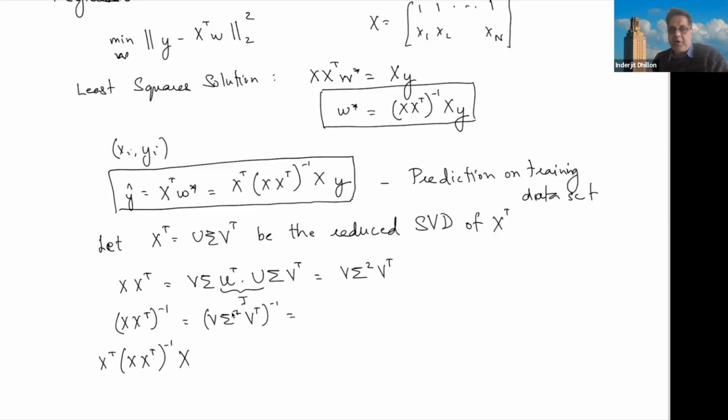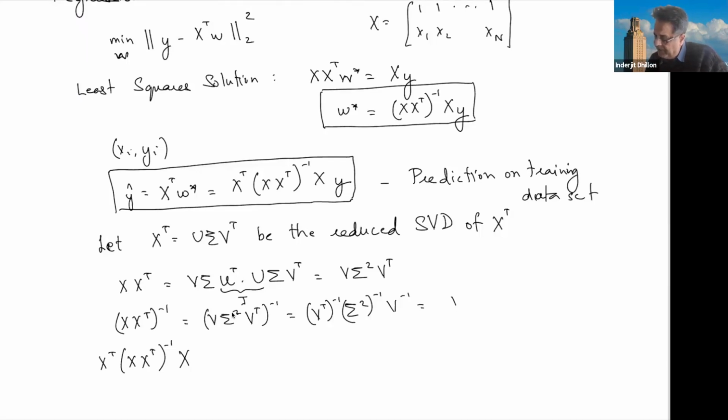Okay, and remember that the inverse of a product is the product of the inverses multiplied in opposite order. So it becomes V transpose inverse sigma square inverse V inverse. I'm in the case where, remember, V is a square matrix.